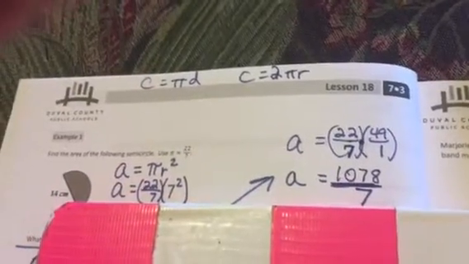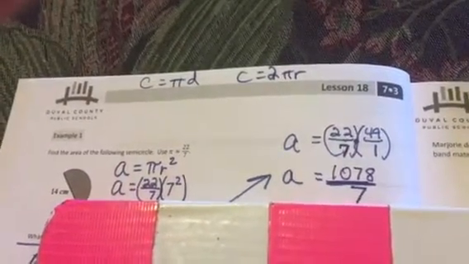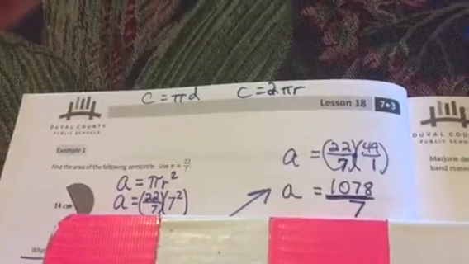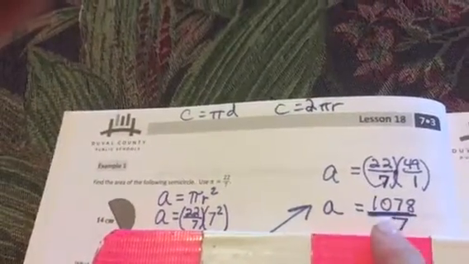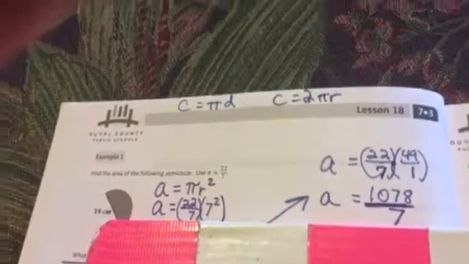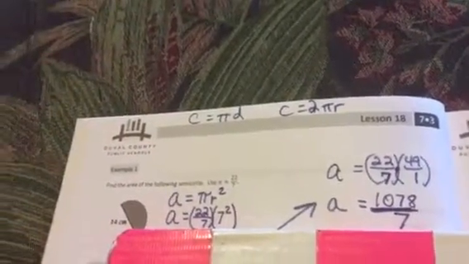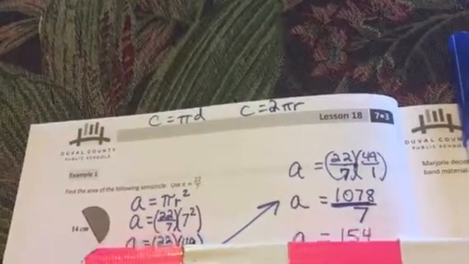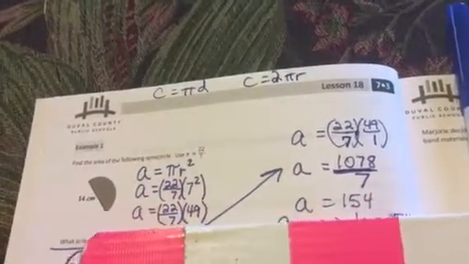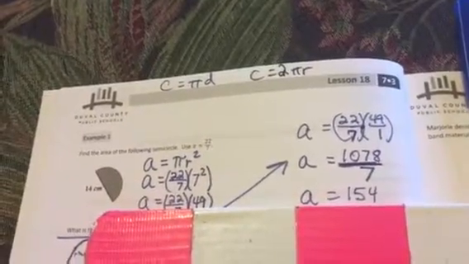Do not leave your answer like this. Most of you wanted to the other day. That's 1,078 divided by 7. So do it on your calculator. 1,078 divided by 7.